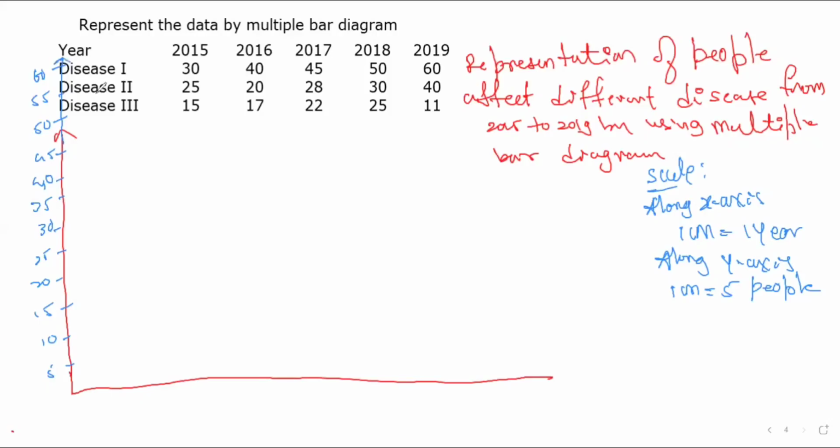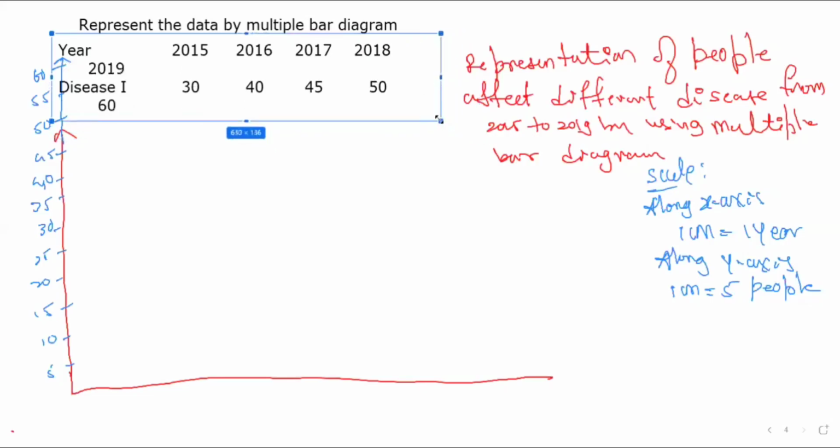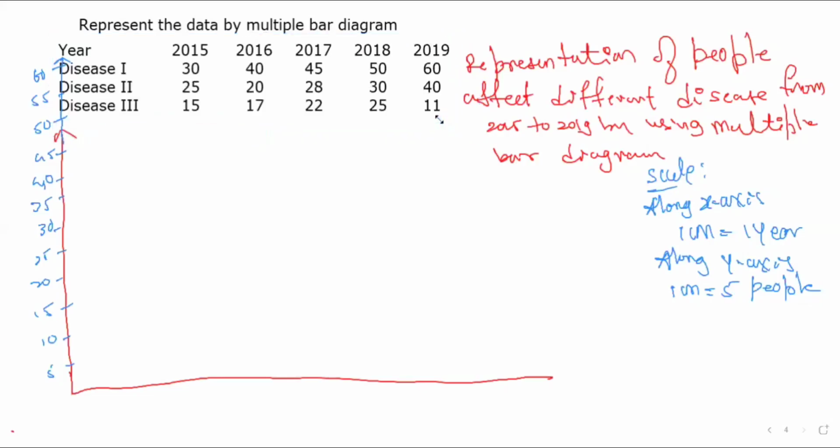Okay, now along the x-axis we consider 1 centimeter equal to 1 year. It means that we need to draw sets of bars. The first one is 30.